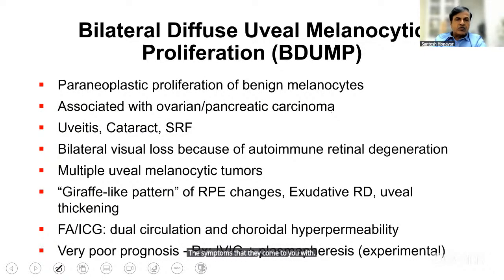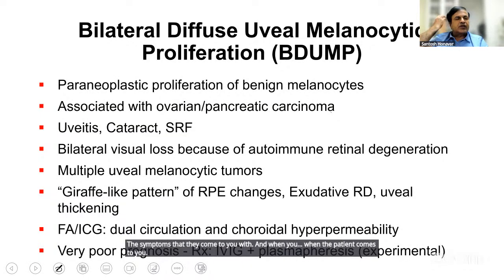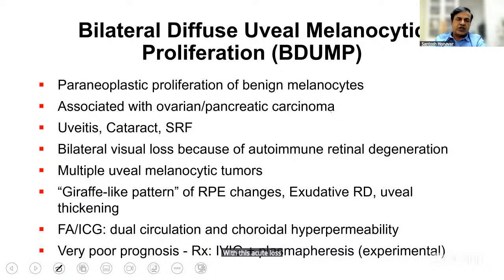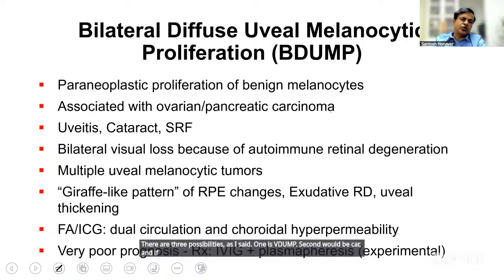And when the patient comes to you with this acute loss of vision in the setting of a primary malignancy, remote or currently under treatment, there are three possibilities, as I said. One is BDUMP, second would be CAR, and if the patient has a known melanoma, then melanoma associated retinopathy.